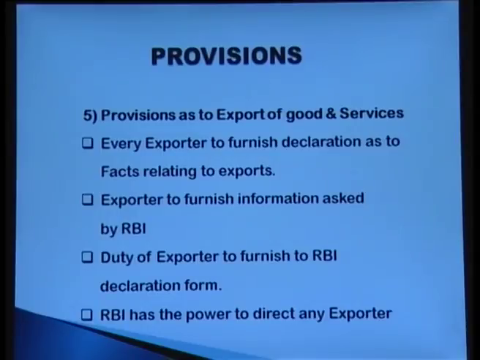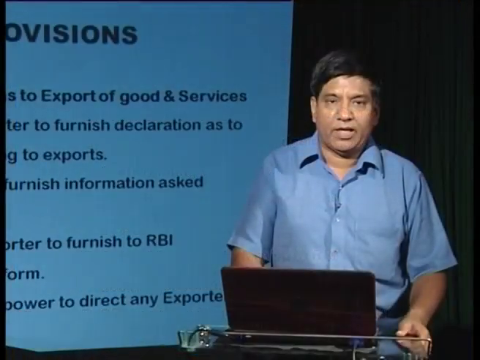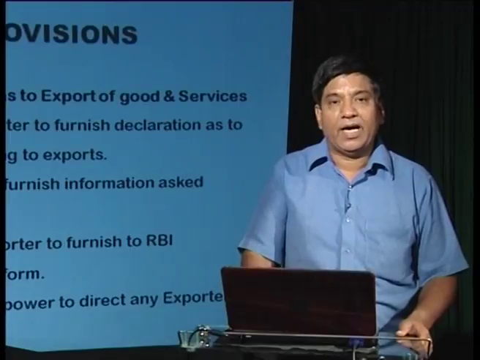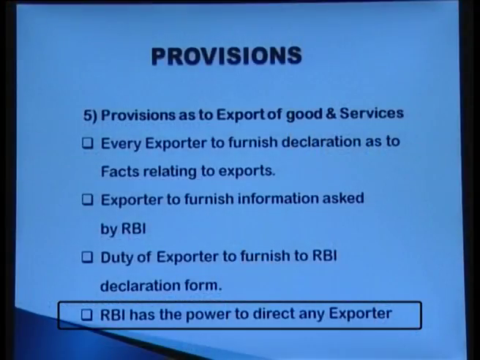That means that it will be a self motivated exercise. The exporter has to arrange for the declaration form and furnish the information. RBI has the power to direct any exporter to furnish information or declaration, especially in cases where any particular default is found.